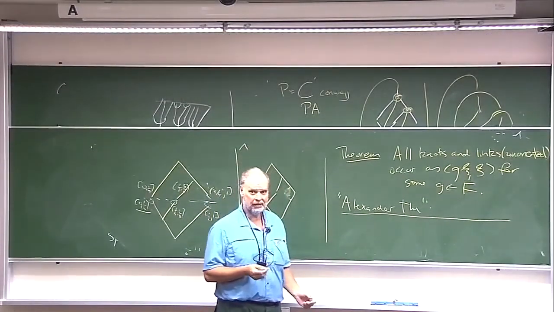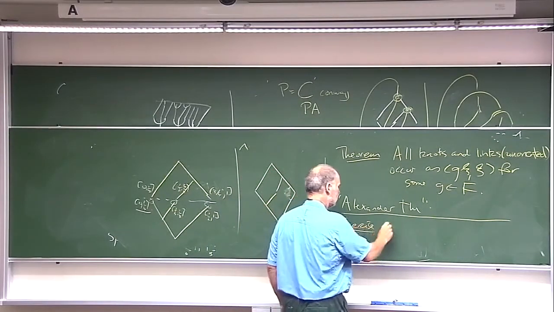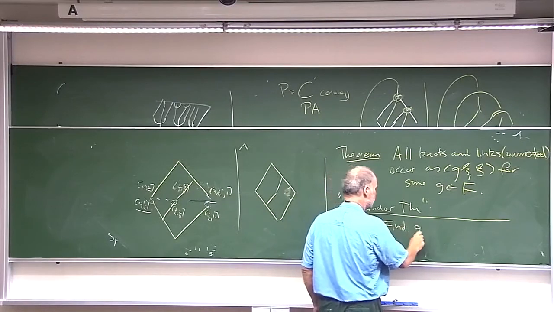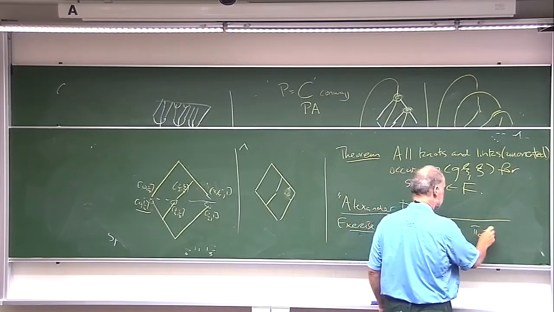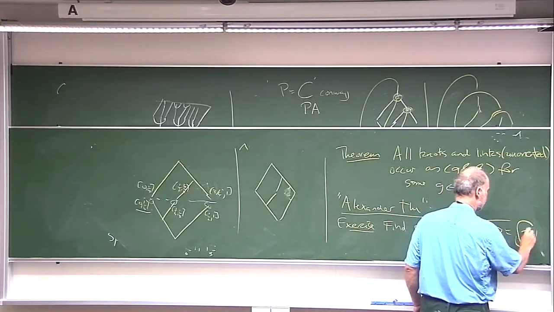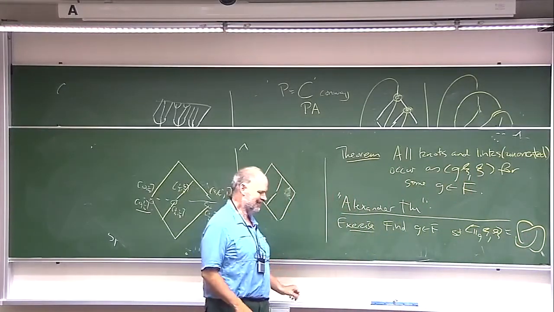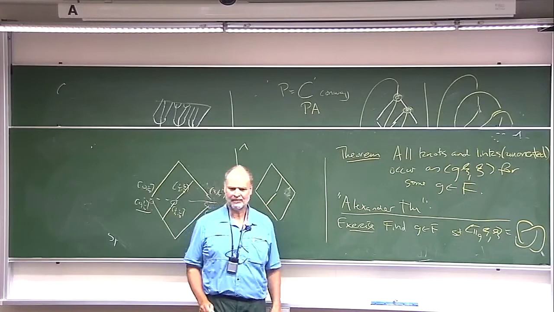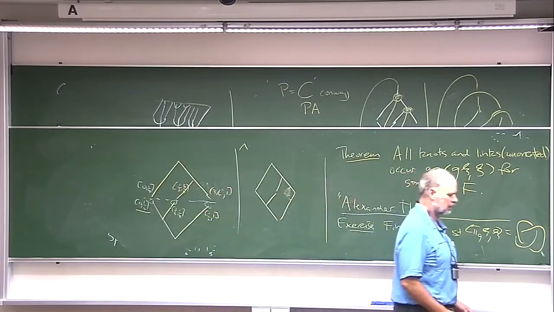So finally, the exercise: find G1 F. So that's the I G side. Give the triple for the Thompson group.